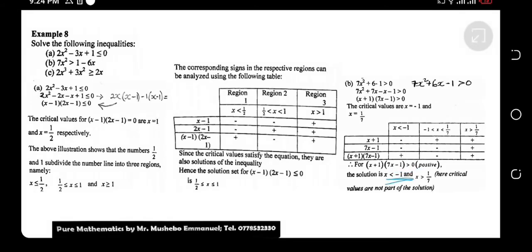That's why we just leave them like this: x less than -1, not x less than or equal to -1, and x greater than 1 out of 7, but not x greater than or equal to 1 out of 7. These critical values are not part of the solution because this inequality is just saying greater than. So that value has to be positive but not 0. So that's how we work out part B.